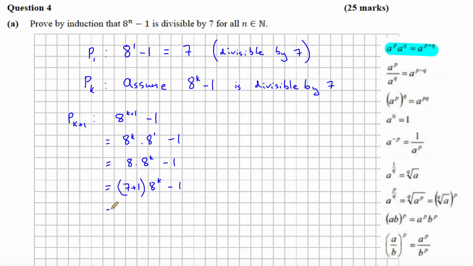So when we multiply the 8 to the k by 7 and then the 8 to the k by 1, what we get is 7 bracket 8 to the k, and 8 to the k by 1 is just 8 to the k, and we still have our minus 1 at the end.